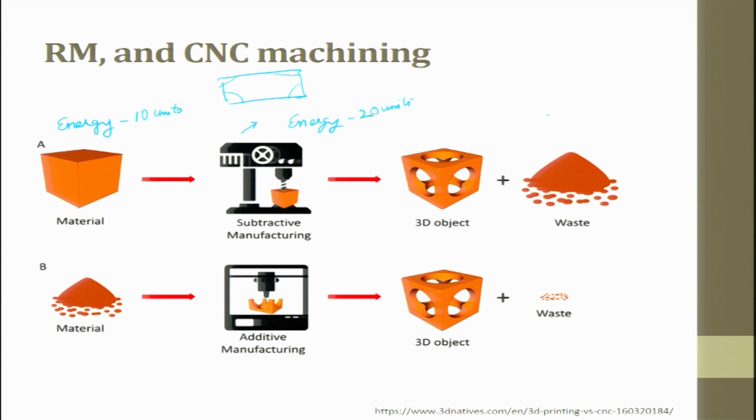And then you see here energy 3 will be spent, 30 units will be spent in terms of transportation, recycling and bringing it back to the system. So, if you see, totally you would have spent 10 plus 20 plus 30. So, 60 units of energy you spend to get this part.